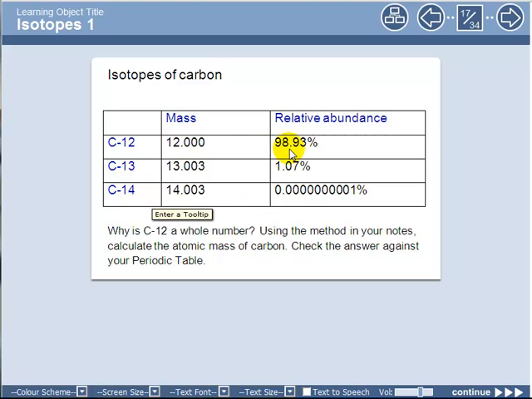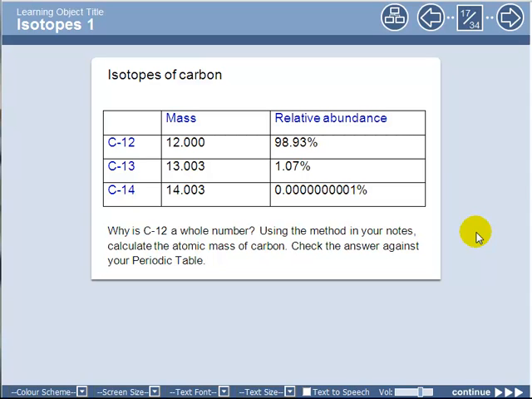Carbon 12, which is the most common one. Nearly 99% of it is in that form. Then there's carbon 13, about 1%, and carbon 14, which is only a little bit in the world. But it's still quite significant, and as you may well be aware, its radioactive decay is used to date archaeological remains, for example. And the question I'm asking here is, why is carbon 12 a whole number?